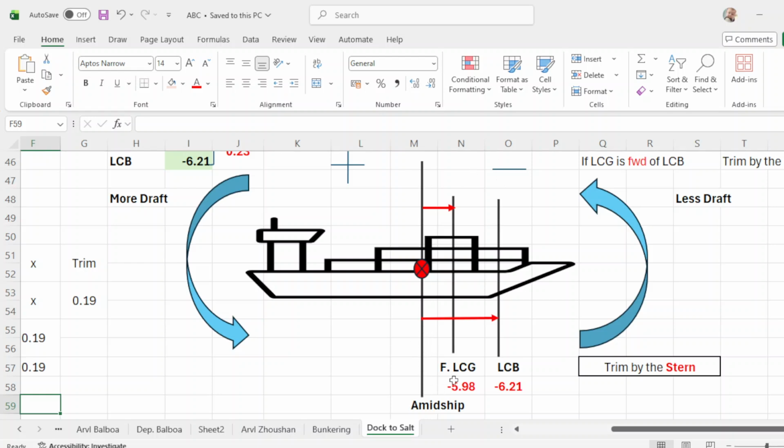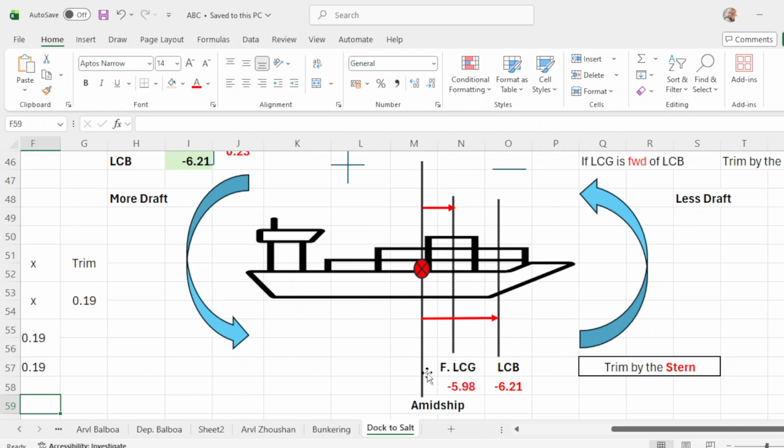So your final LCG is negative 5.98, so measure it from amidships, go to this vertical line. That will be your final LCG. And your LCB is a little further, which is negative 6.21. So from amidships, you measure to negative 6.21 with this vertical line.